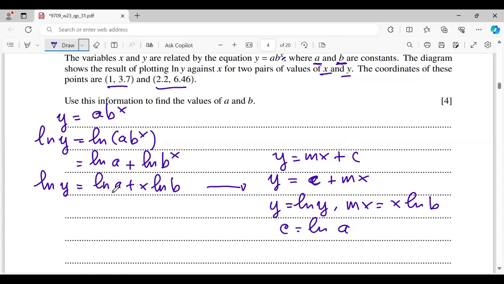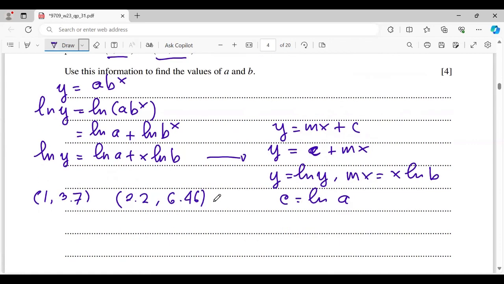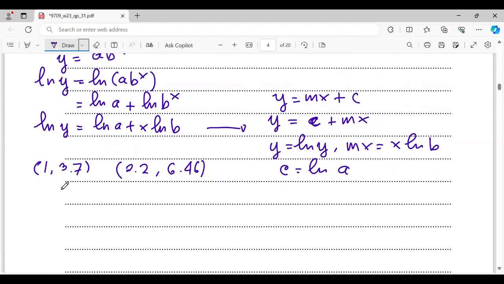Recall the coordinate points 1, 3.7 and 2.2, 6.46. The gradient m is 6.46 minus 3.7.